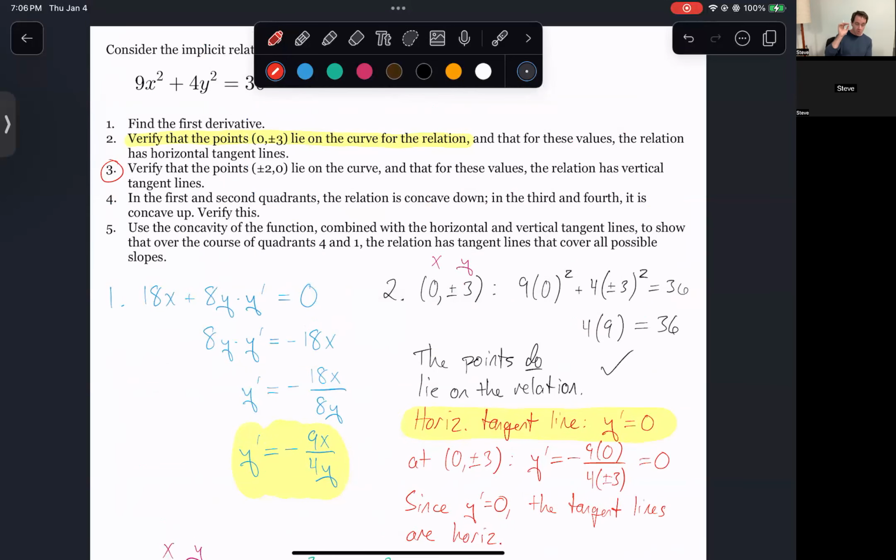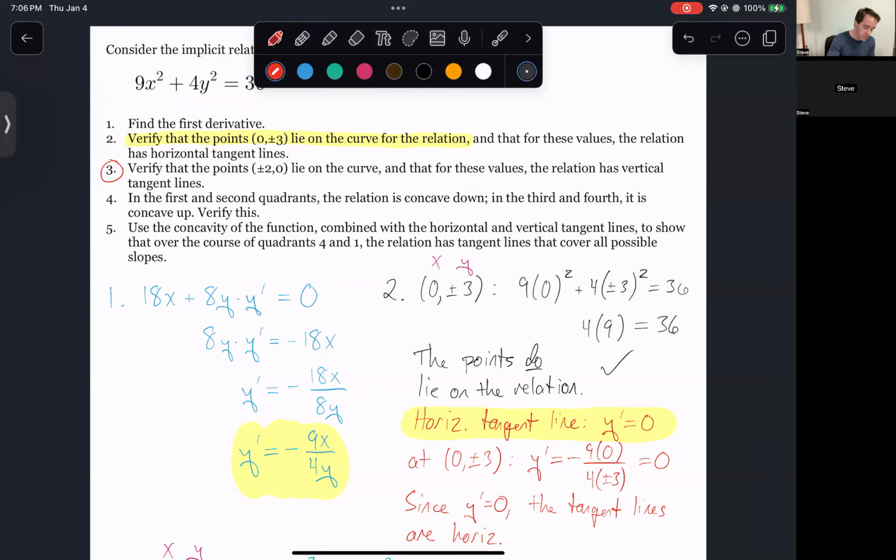Okay, number 4. In the first and second quadrants, the relation is concave down. In the third and fourth, it is concave up. Verify this. All right. This doesn't tell you that it involves the second derivative, but by this point in the class, anytime you hear the words concave down or concave up, you should automatically think, bingo, this is a second derivative thing, okay?